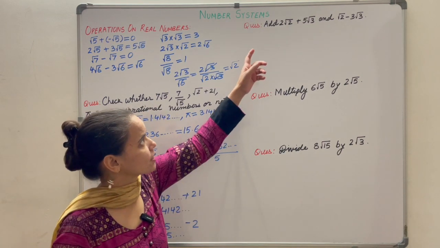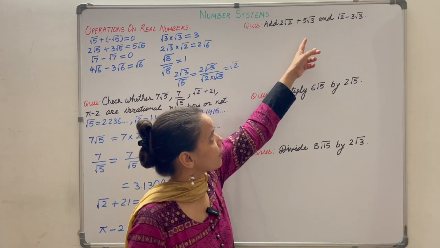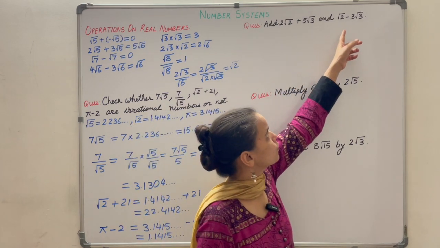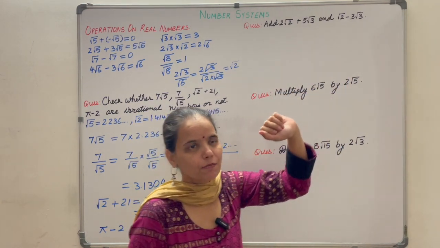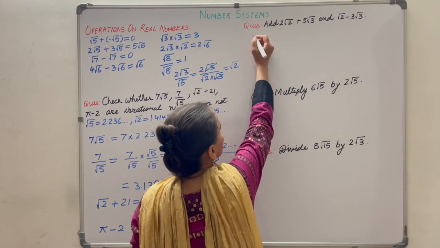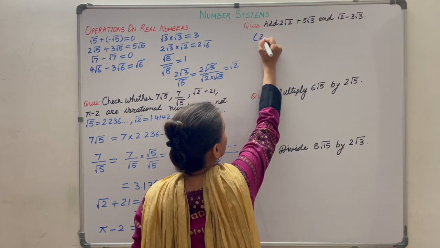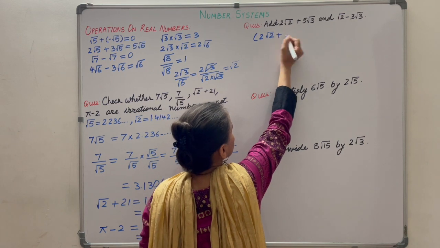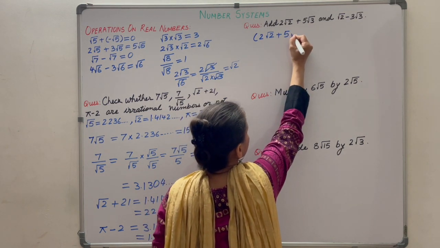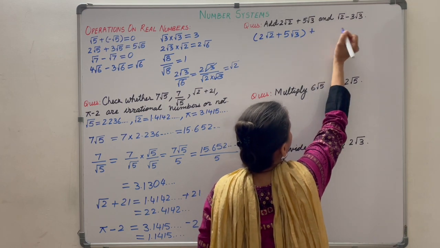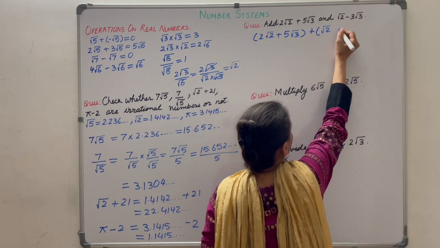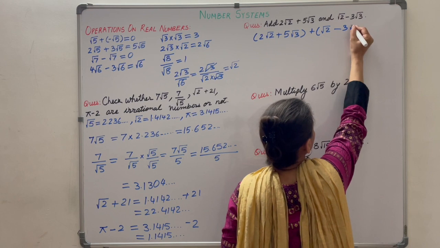So the first question is add 2 root 2 plus 5 root 3 and root 2 minus 3 root 3. So we have to add these two irrational numbers. So let us add them. So we have 2 root 2 plus 5 root 3. To this irrational number, we have to add root 2 minus 3 root 3.